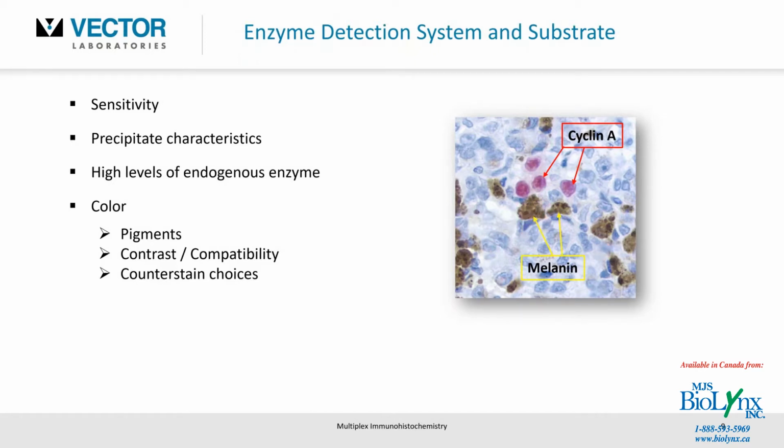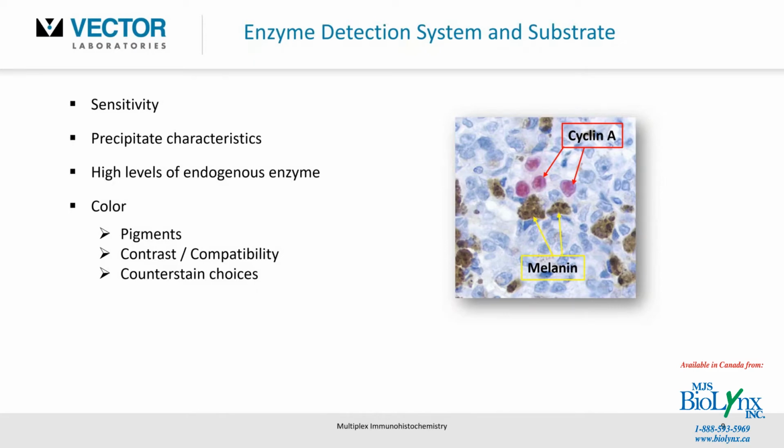So you'd have to go with a different colored substrate, such as we've indicated here, in this case looking at cyclin A. So the idea here would be to contrast against any inherent pigmentation that might be there, or indeed any of the other substrates you're going to use in that given application.